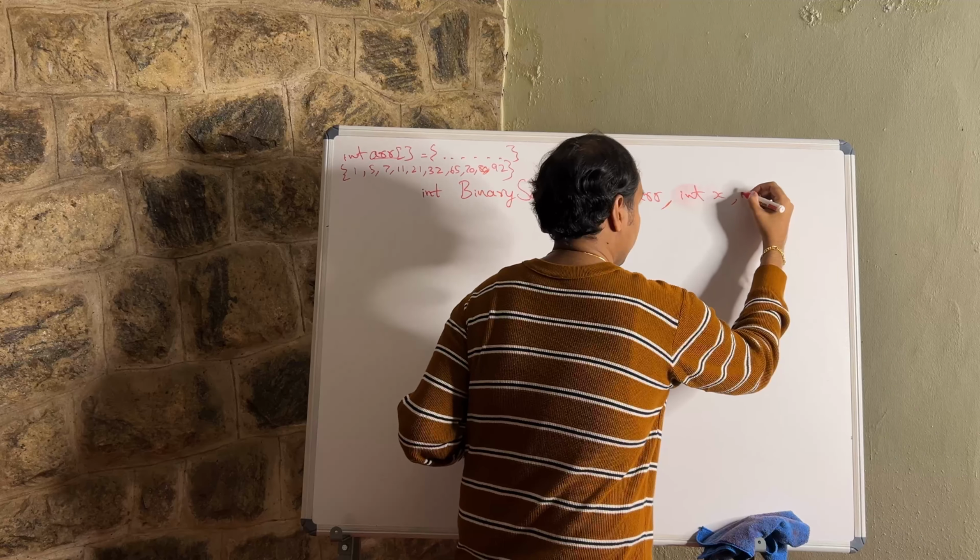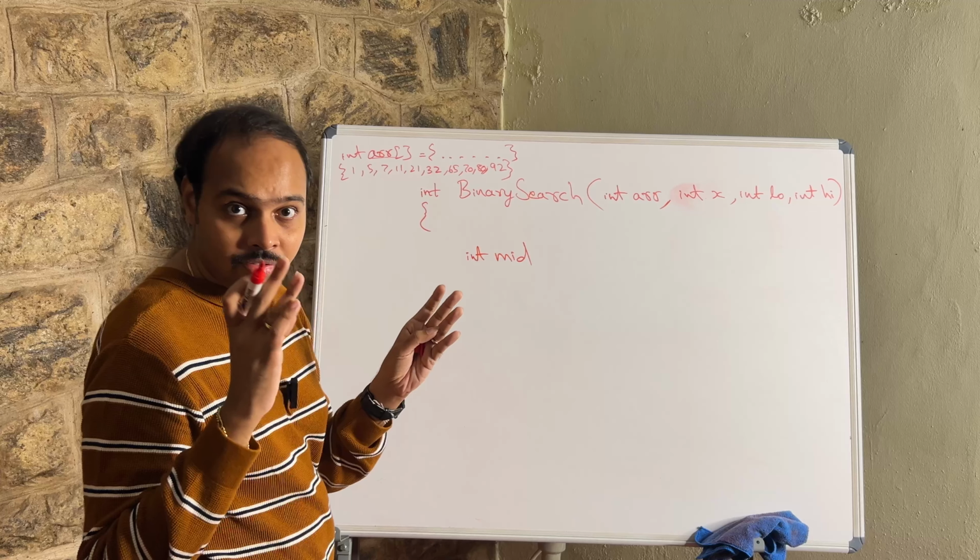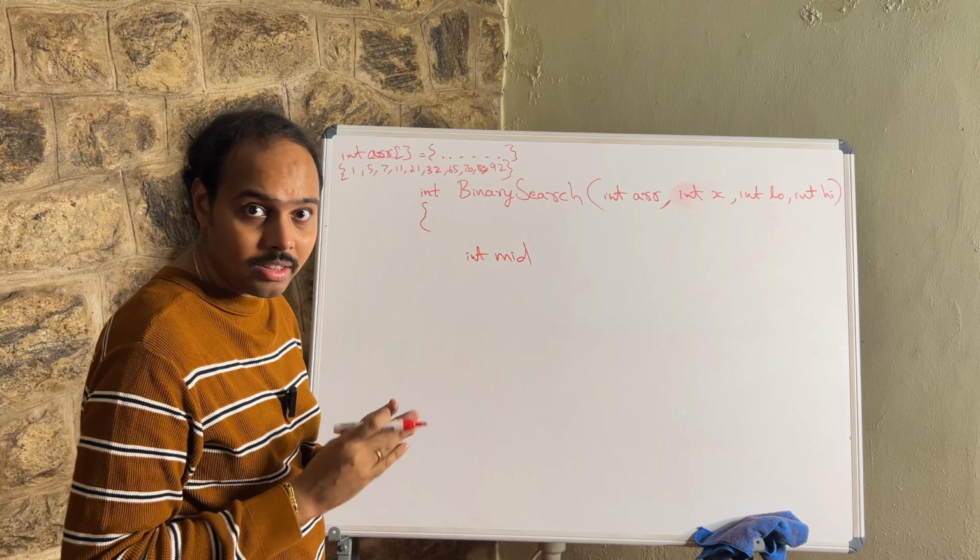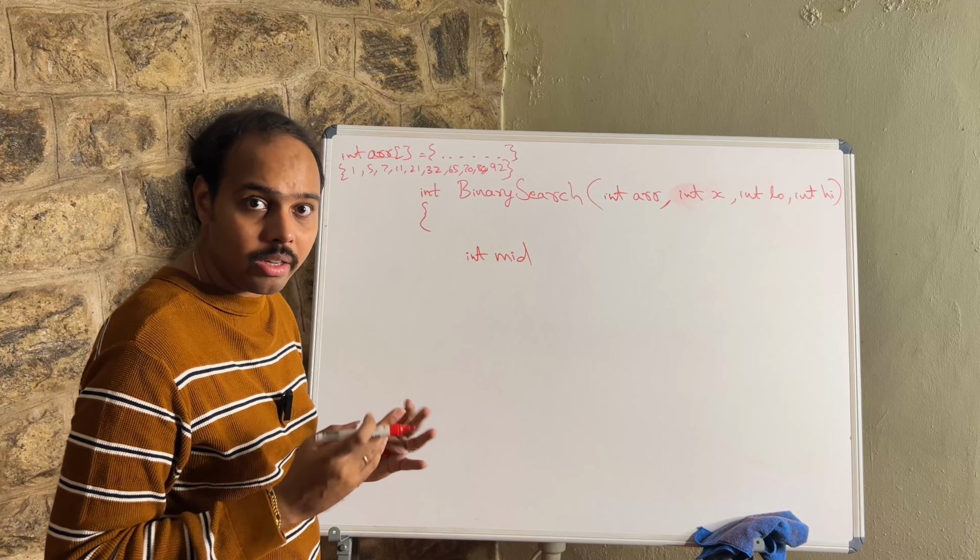Let's solve the problem as we solved it with the physical dictionary. What did we do? We went to the middle of the dictionary. So you are going to the middle index of this array. I will name it int mid. Mid is nothing but the average of low and high, the mean of low and high. Why?